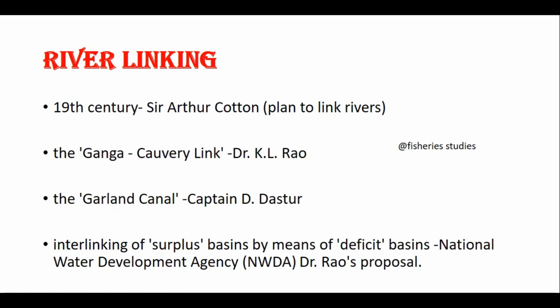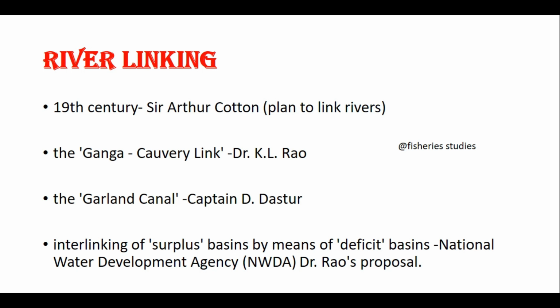River linking. In the 19th century, Sir Arthur Cotton was the first to propose a plan to link the rivers. Dr. K.L. Rao gave the proposal of a Ganga and Kaveri link. The Garland Canal proposal was by Captain Dastur.